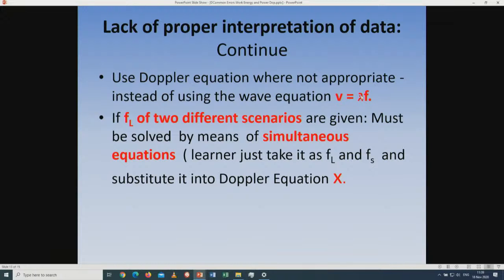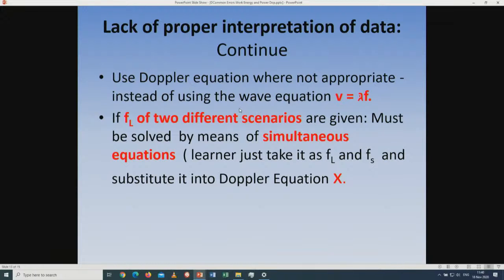Sometimes they give you the wavelength of the sound emitted by the source, and then you must first calculate the frequency of the sound emitted by the source. And remember, the speed of sound in air will be given in the question or on your data sheet. So that is a constant value given to you, and therefore you can calculate the frequency if the wavelength is given to you.